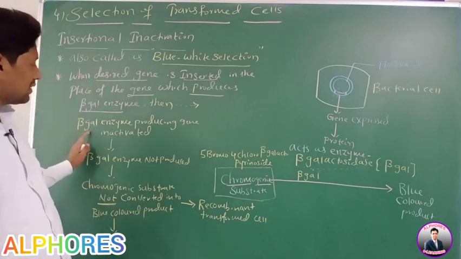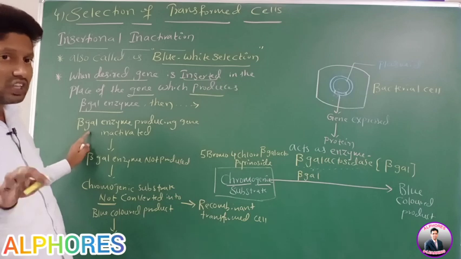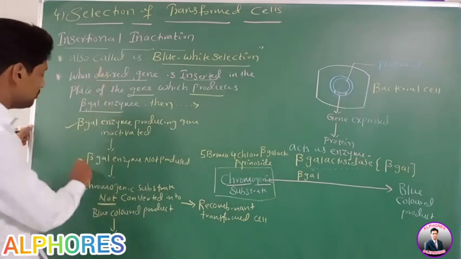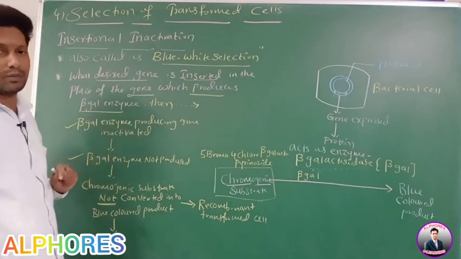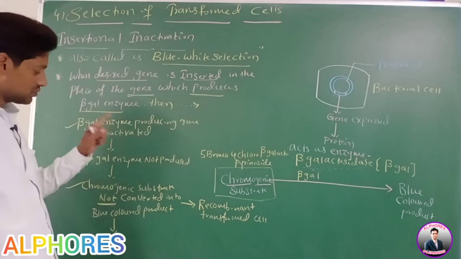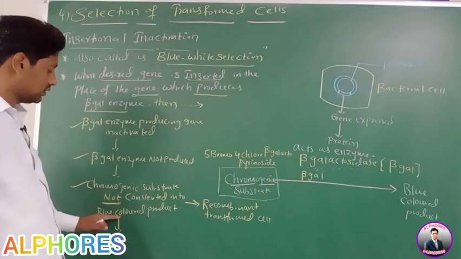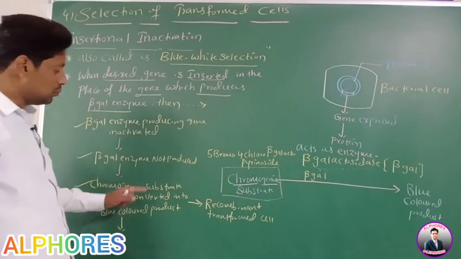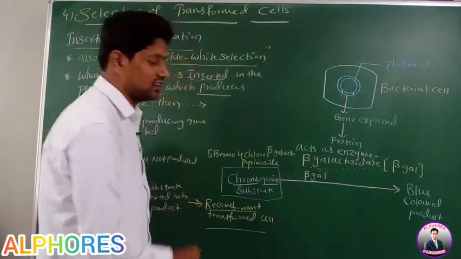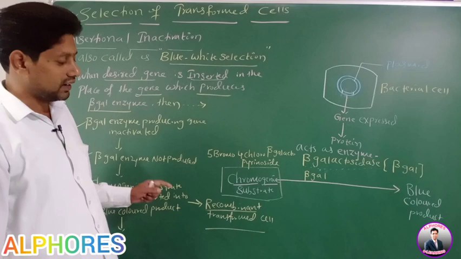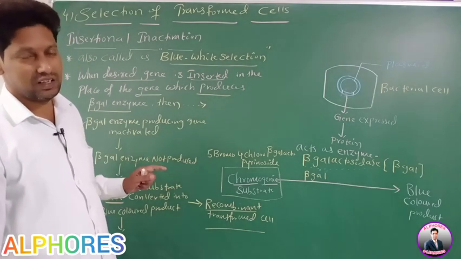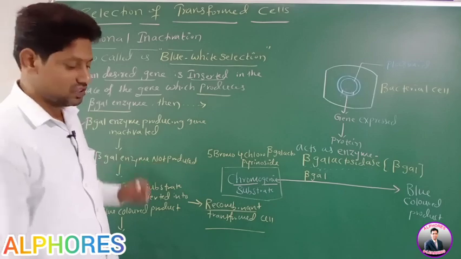As this gene becomes inactivated, beta galactosidase enzyme is not produced. As enzyme is not produced, even though chromogenic substrate is present, it is not converted into blue colored product. As blue colored product is not formed, we are calling it a recombinant transformed cell. Is this statement okay? Right.